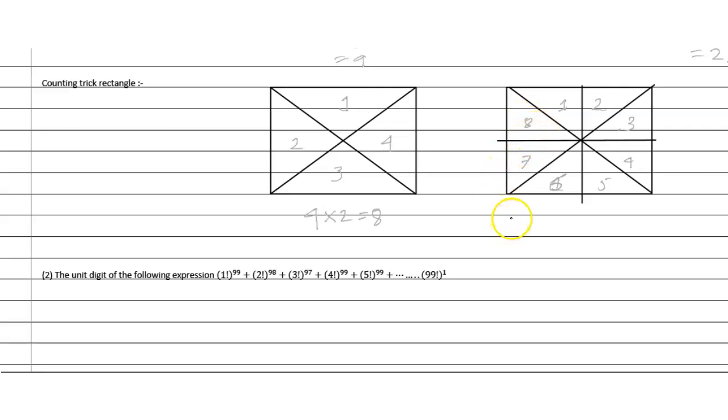So number of rectangles is 8 into 2 equals 16.